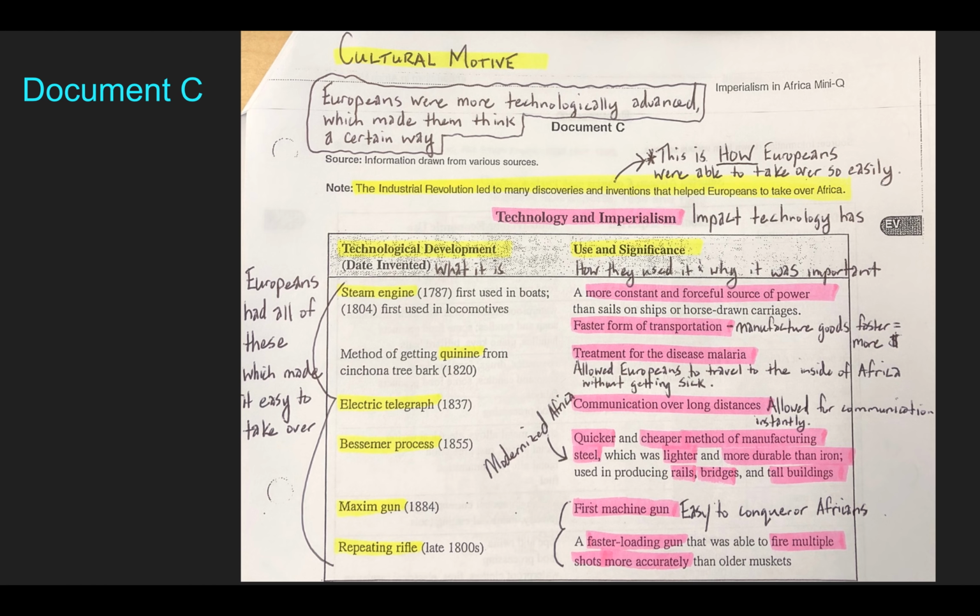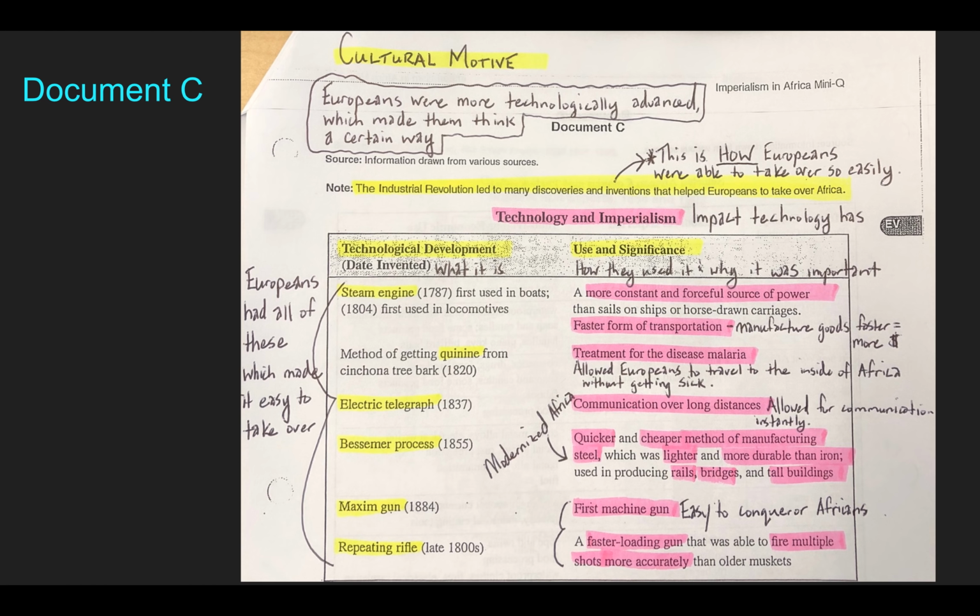From there, of course, you're going to have the invention of the electric telegraph in 1837. And this was really important because it allowed the Europeans to communicate with each other instantly over long distances. So I want you guys to think of how you communicate with each other. A majority of people now, they don't even pick up the phone anymore and talk to someone on the other line.